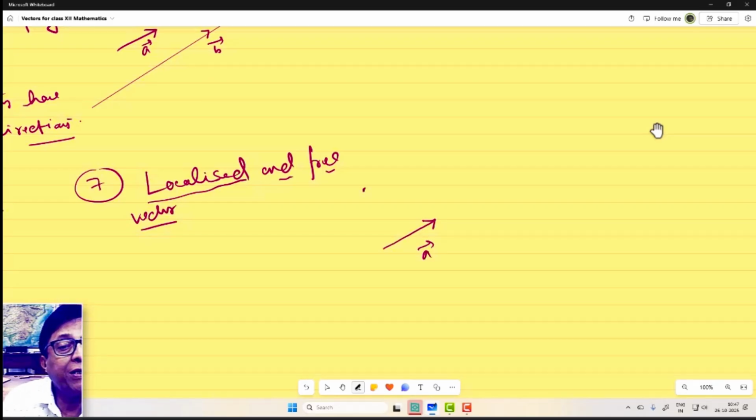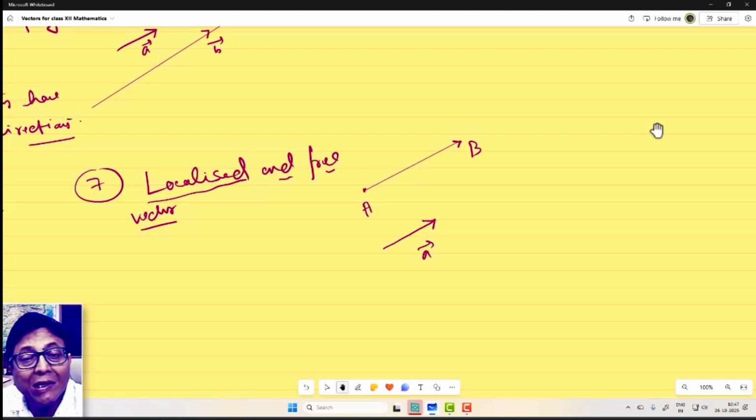If you draw a vector here at this point A and it is parallel to this vector, they are parallel. Then this vector, say I am taking AB, is a localized vector. Why? It is localized because we have a fixed point in the space and we have drawn it parallel to a given vector. That's why AB is a localized vector.